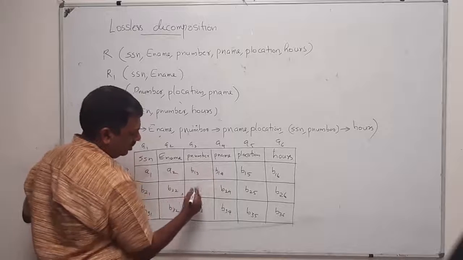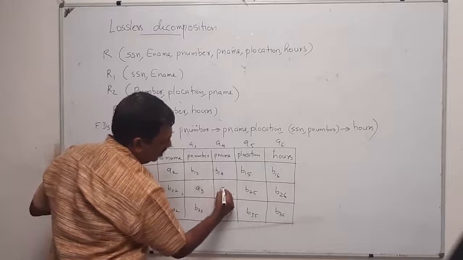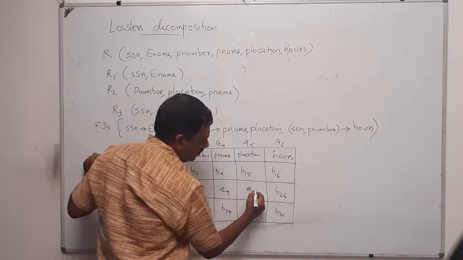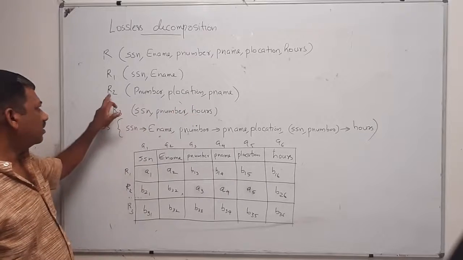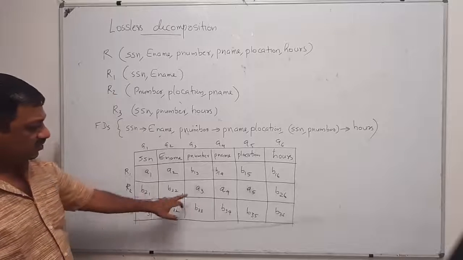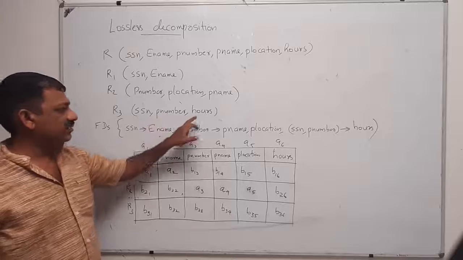Now here I am going to have A3, A4 and A5. That means P number, P location, P name for this is relationship R2: A3, A4, A5. Now R3 has SSN, P number and hours.